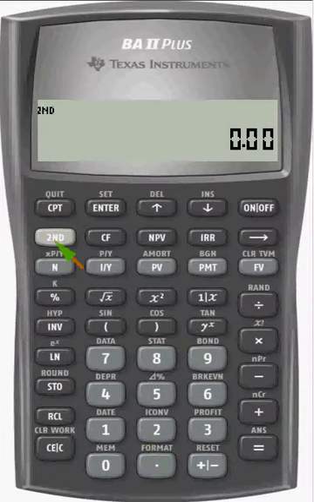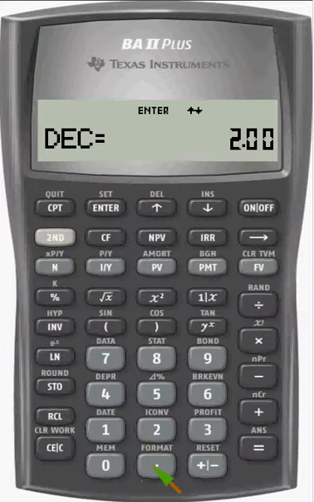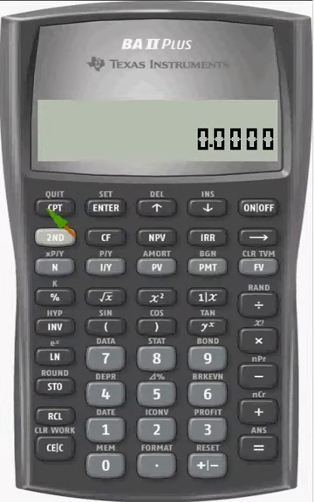First push the second shift key, then push these buttons. Now the calculator tells you the current setting is 2 decimal places. If you want to change to 4 decimal places, push the 4 button, then push the enter button. Now the setting has changed to 4 decimal places.